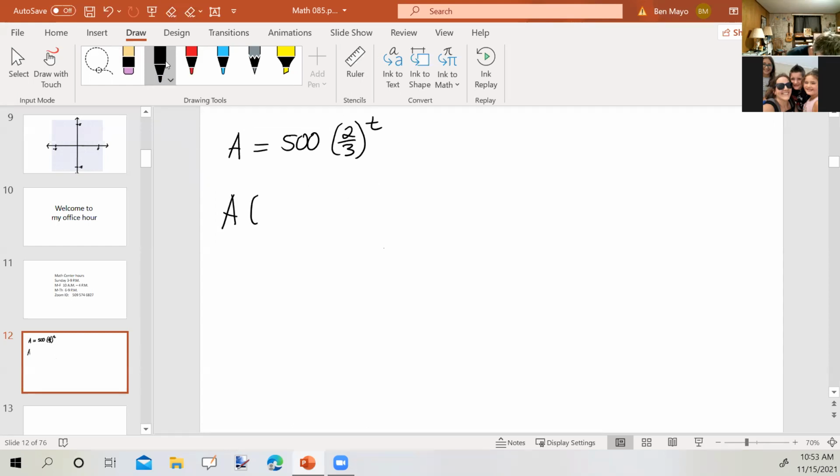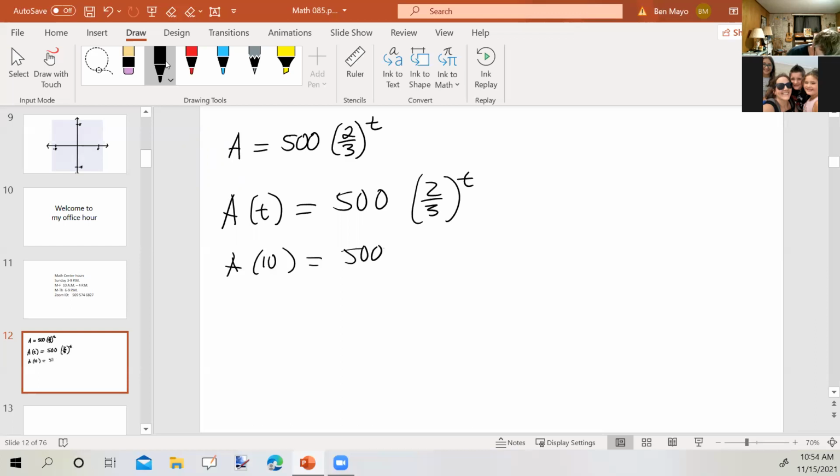In fact, let's rewrite this as a function using function notation. So A of 10 would be 500 times 2/3 raised to the 10th power.